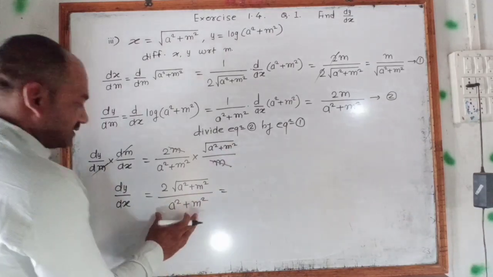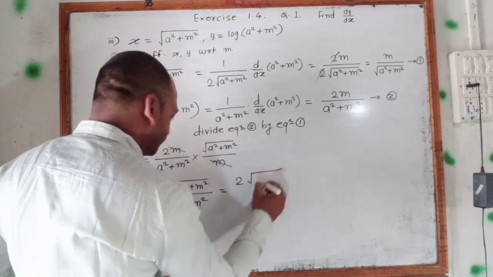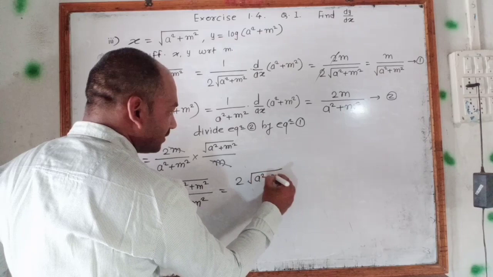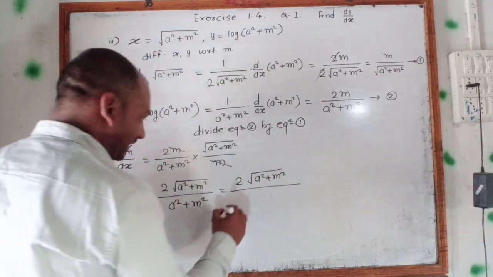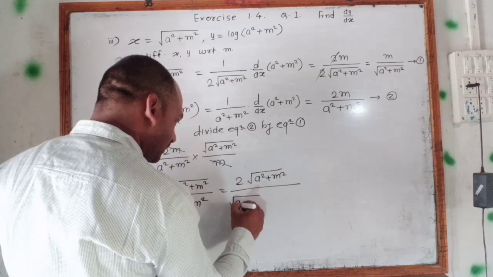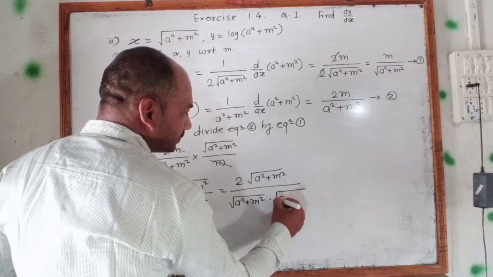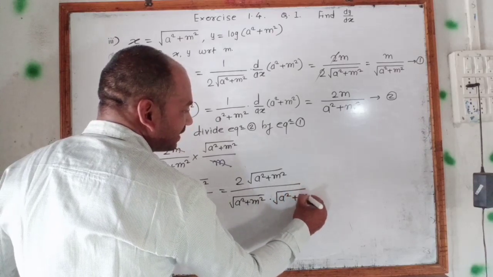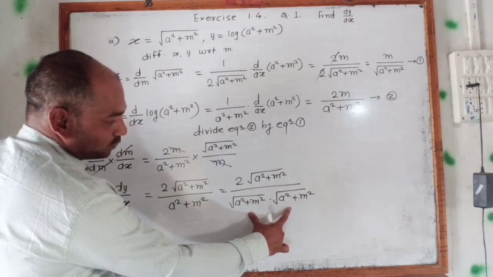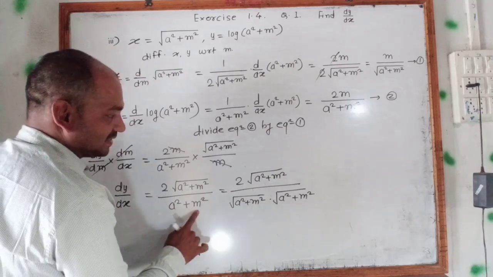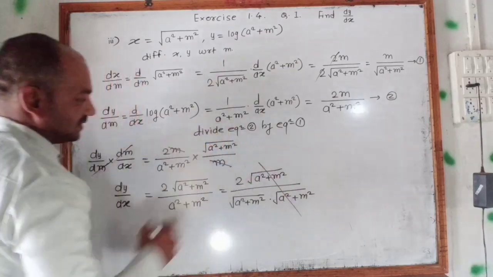Now see, this we can again simplify here. So 2 square root of a square plus m square divided by, now this part can be written like this, square root of a square plus m square into square root of a square plus m square. Right? The product of these two square roots is a square plus m square. So this part can be written like this, and this square root cancels with this square root.